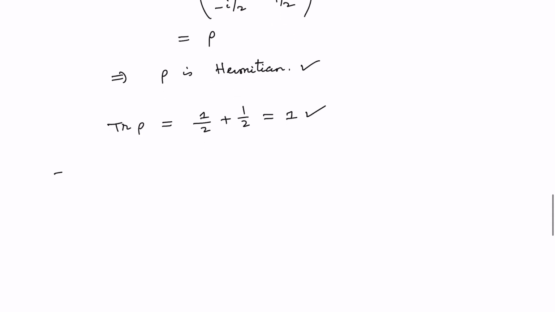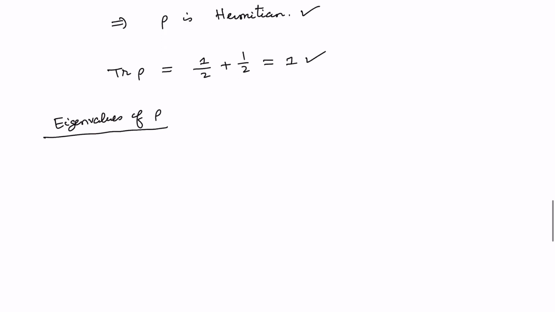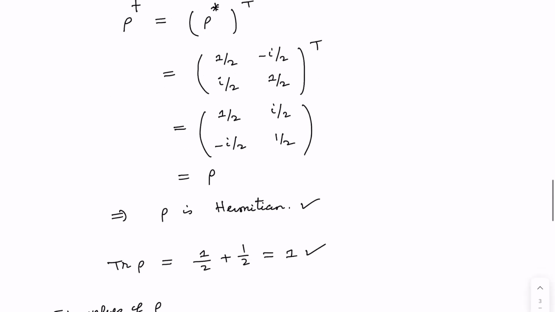And thirdly, what about the eigenvalues? To find the eigenvalues of rho, we have to solve the characteristic equation, and you know how to set up a characteristic equation from your density matrix.